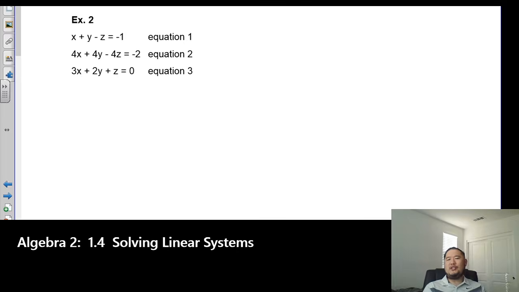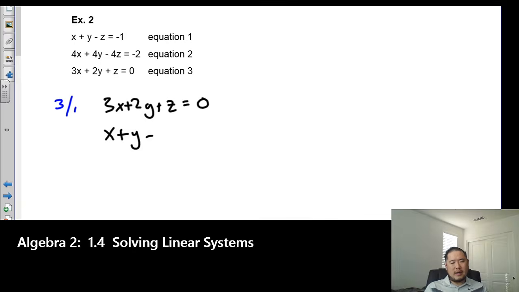I think equation 3 and 1 is our lucky winner. So I'm going to go ahead, set things up. We've got 3x plus 2y plus z is equal to 0. We have x plus y minus z is equal to negative 1.